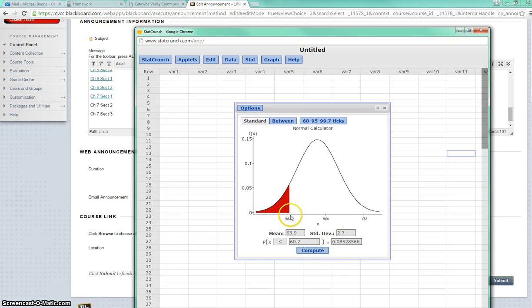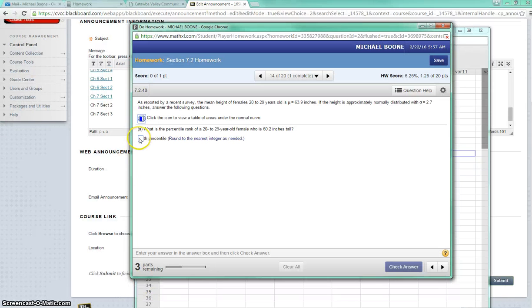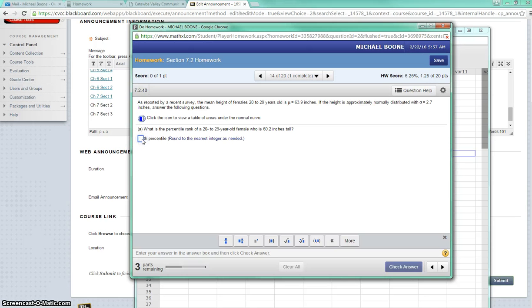It's going to tell you that 8.5% of the people are behind it, and that's what we're talking about with percentile rank. So let's see how many decimal places they want. 0.0853. So 853 would be the 9th percentile.